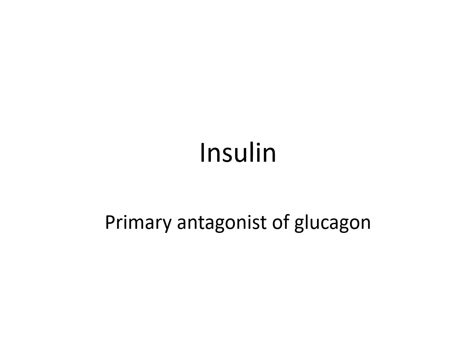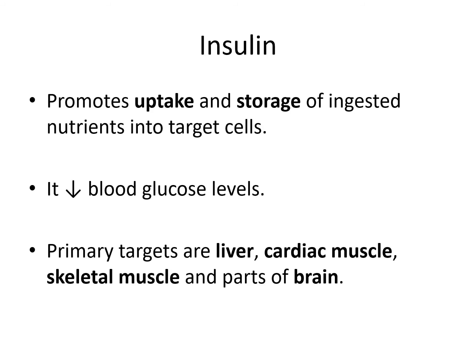It's the primary antagonist of glucagon. So this will decrease blood glucose levels and will promote the uptake and storage of ingested nutrients into target cells, in addition to glucose. As a result, it will decrease blood glucose levels, opposite of glucagon. And it targets the liver, cardiac muscle, skeletal muscle, and some parts of the brain.